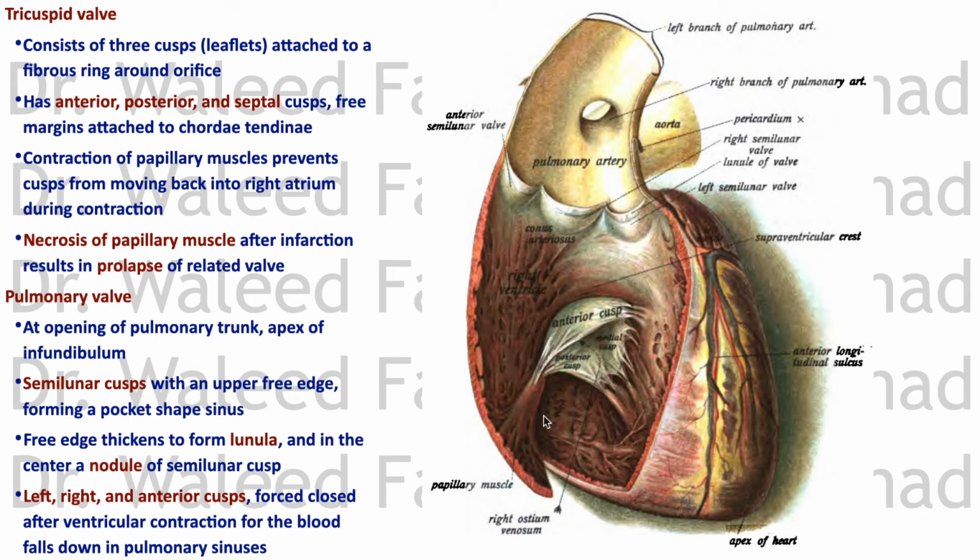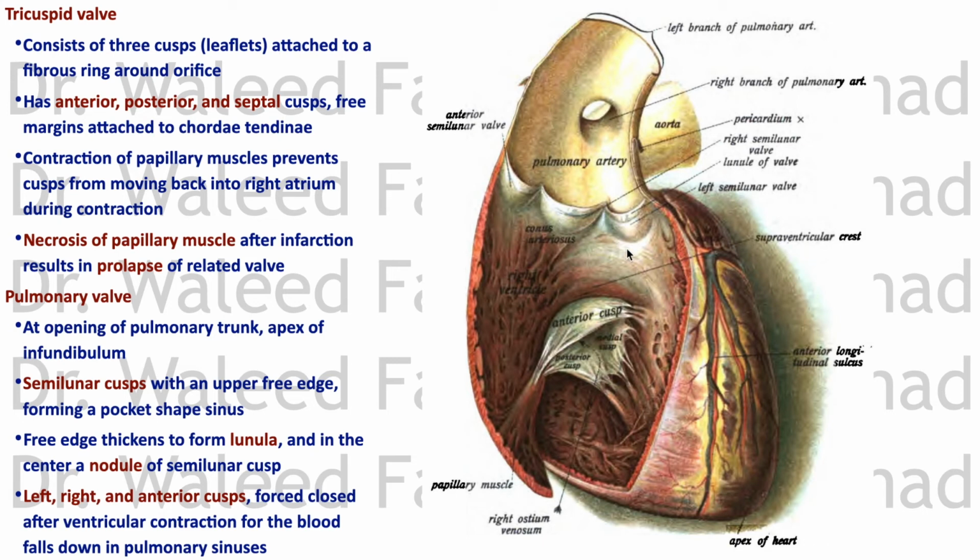Prolapse of the valve means no control on the cusps anymore by the papillary muscles. That's why, sometimes with severe infarctions, you get extra heart sounds or extra murmurs you hear by the stethoscope because of the prolapse of the valves.